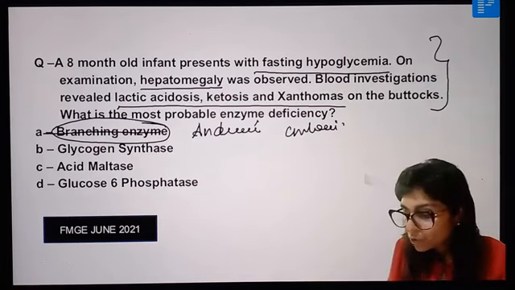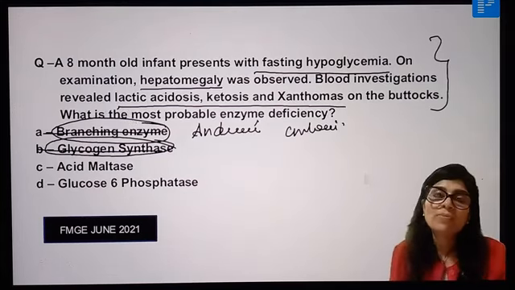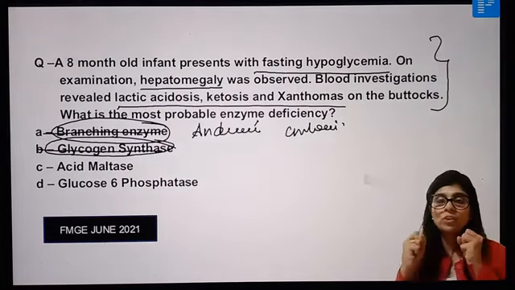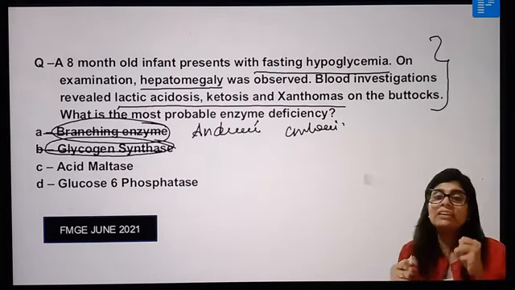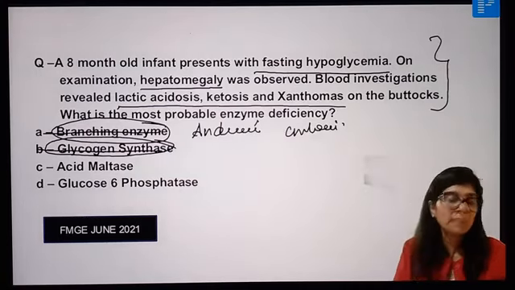Can it be glycogen synthase deficiency? I said glycogen synthase deficiency is type 0. In type 0, both in liver and in muscle, glycogen is not synthesized. When liver glycogen is not synthesized, yes, it will cause hypoglycemia.